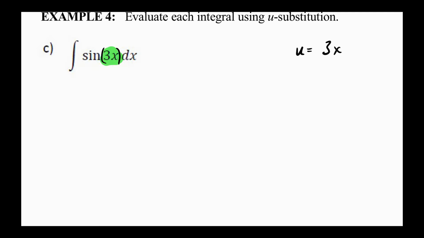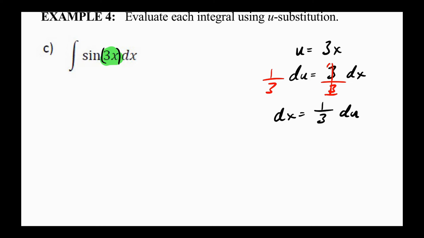That's step 2, find U. Step 3 is, okay, derivative of that. If we identify U, the derivative is going to be 3 and always tack on a dx. Remember, always tack on a dx when you find derivative du. Okay. Step 4, solve for dx. Divide by 3. Okay. So we divide by 3. So I have dx equals 1/3 du.